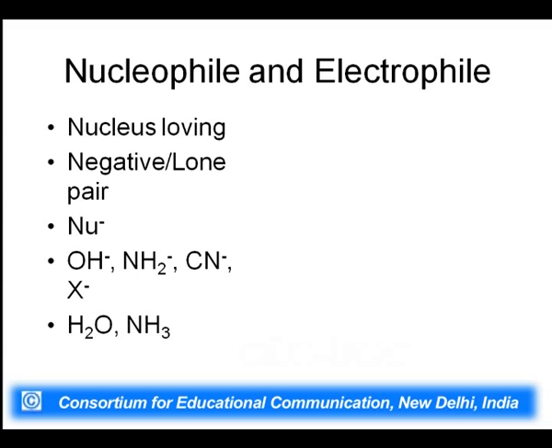As for the neutral nucleophiles, the ones having lone pairs, we may have water, ammonia, or in some cases alcohol, where I replace one H of water with an R group and get alcohol. The lone pair of oxygen or nitrogen may act as a nucleophile.